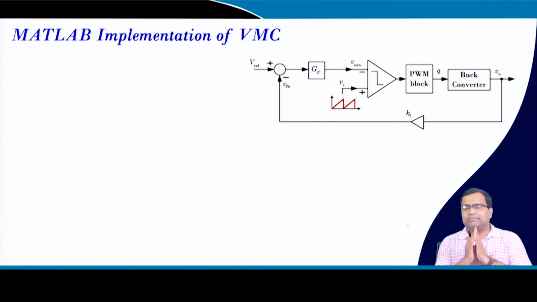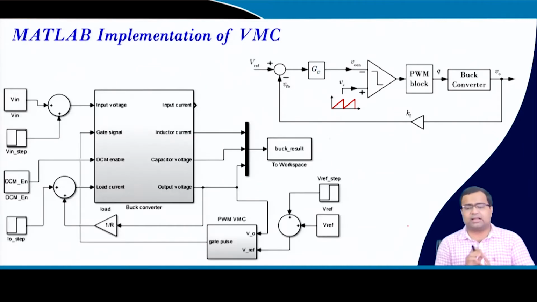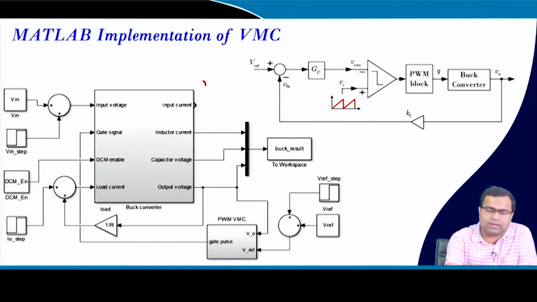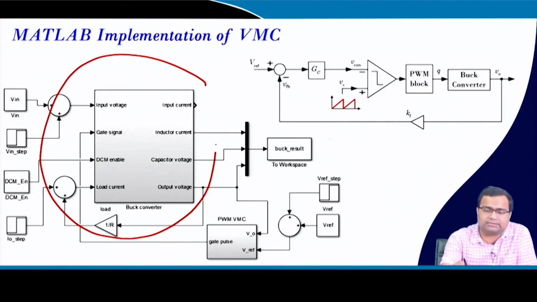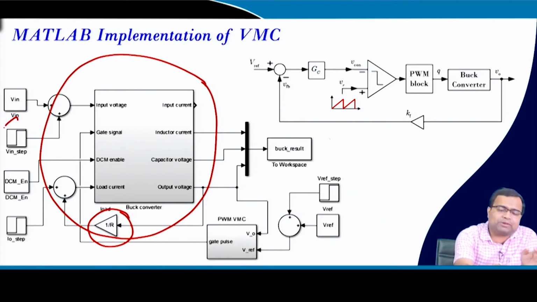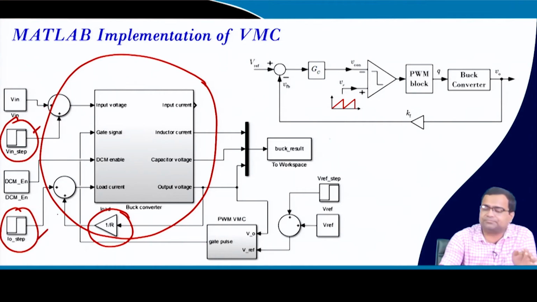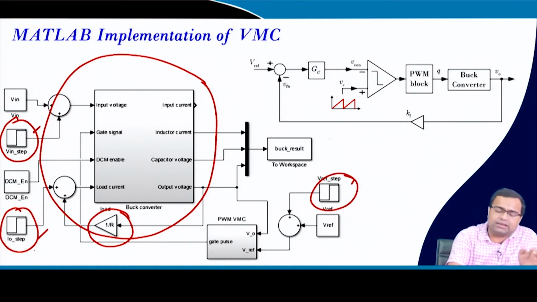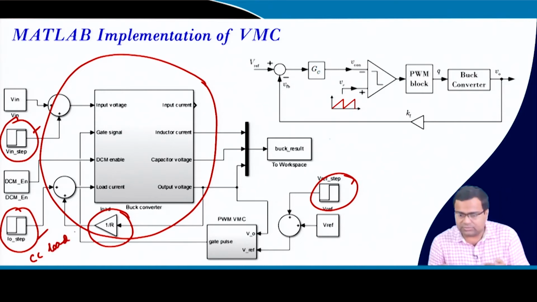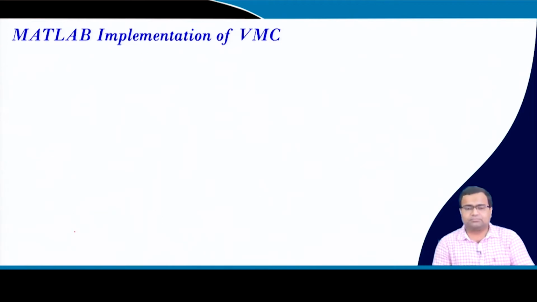So, now the MATLAB implementation of voltage mode control, I think we have discussed. This block we have already simulated; this is our buck converter with resistive load, and we are considering additional transients: load step transient, supply transient, load transient, then reference transient. Here we use a constant current load, okay, for the load transient, and this is the block diagram.